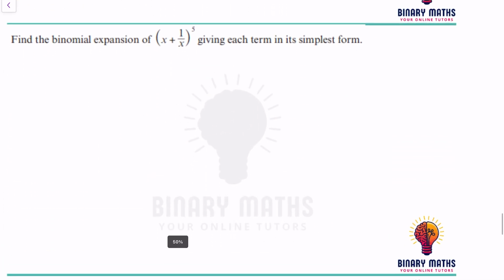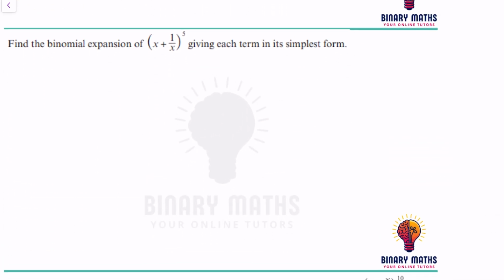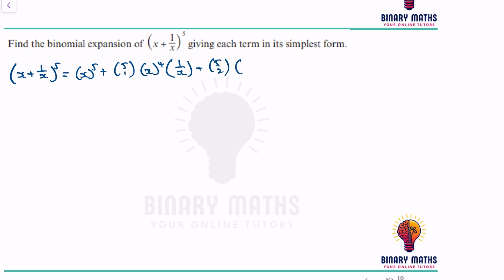Okay, next example, find the binomial expansion of (x + 1/x) to the power of 5, giving each term in its simplest form. So (x + 1/x) to the power of 5 is equal to x to the power of 5 plus 5 choose 1, x to the power of 4 times 1/x. So we're decreasing the power of the first term and increasing the power of the second term.